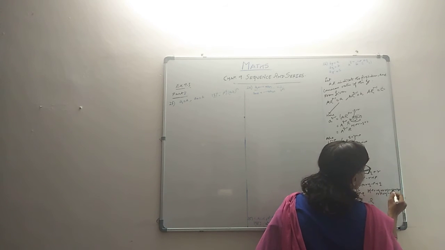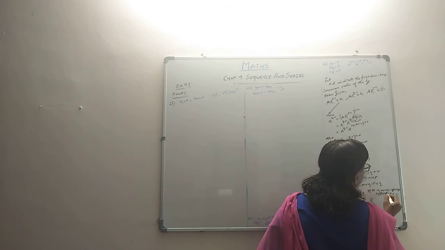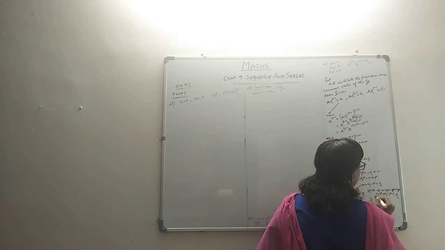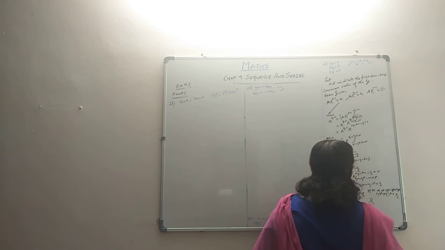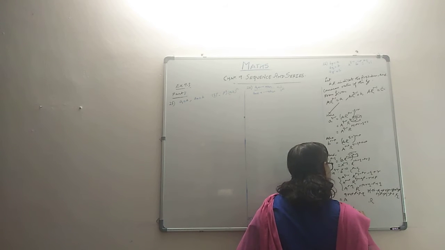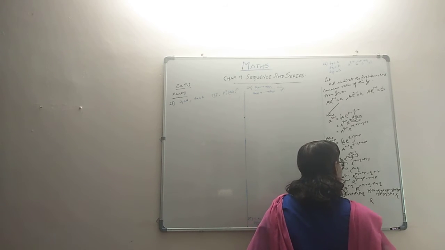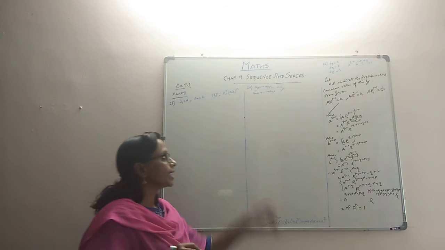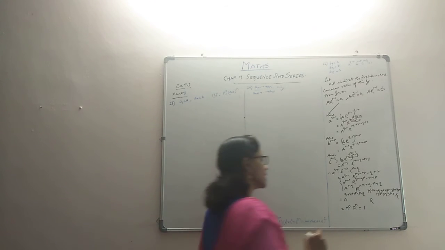PQ with PQ, PR with PR, RQ with RQ, minus P with plus P, minus Q with plus Q, R with R. So, what we get is a raised to 0 into r raised to 0. Anything raised to 0 is 1. So, net effect the answer is 1, and that is what they have asked us to show. So, you can say hence proved.